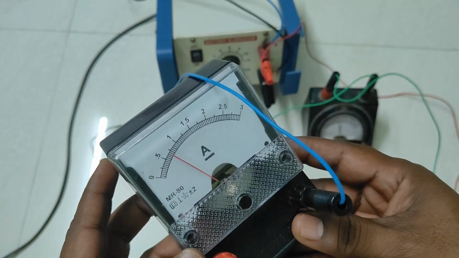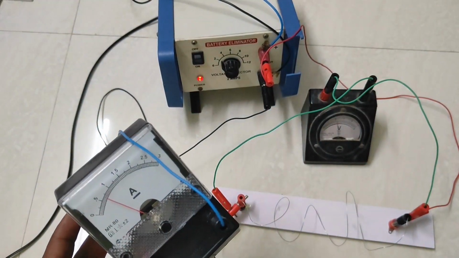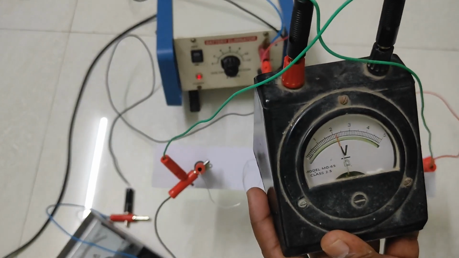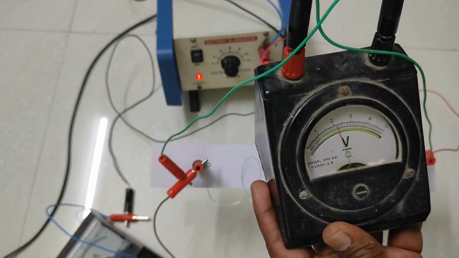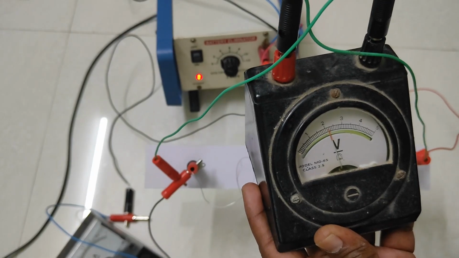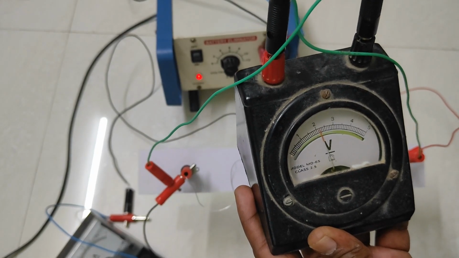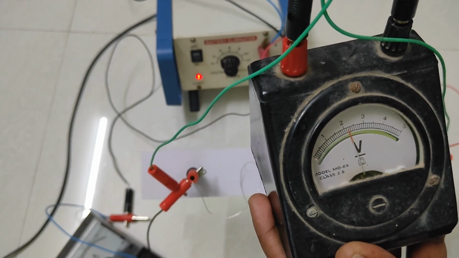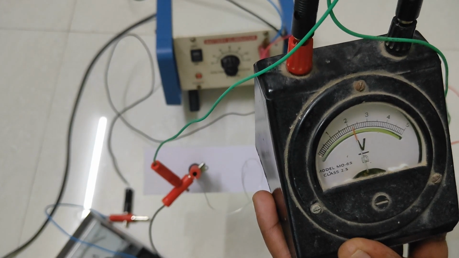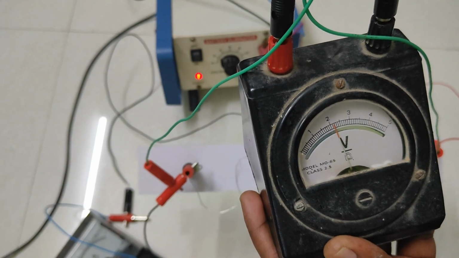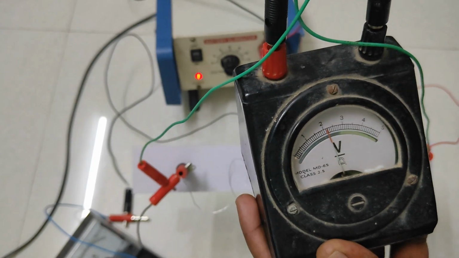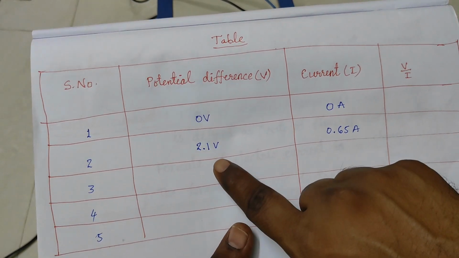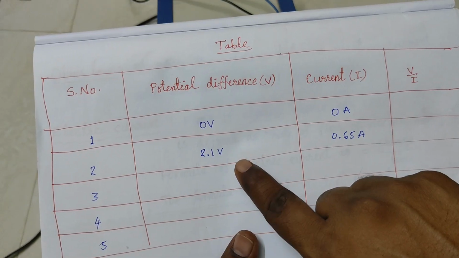The ammeter reading is 0.65. See the voltmeter reading. The least count is 0.1 here. It is the 21st line indicating here. 21 into 0.1 means 2.1. The voltmeter reading is 2.1. The ammeter reading is 0.65 amperes and the voltmeter reading is 2.1 volts.